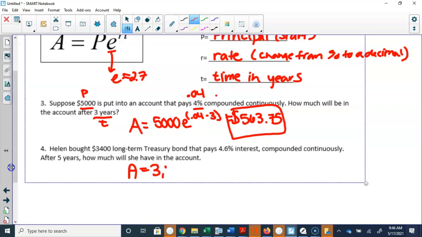A is equal to 3,400. That's my initial investment, times e to the 0.046 times 5.